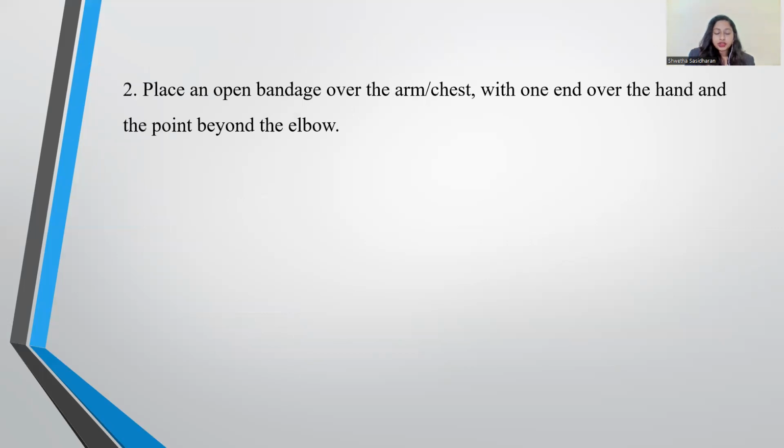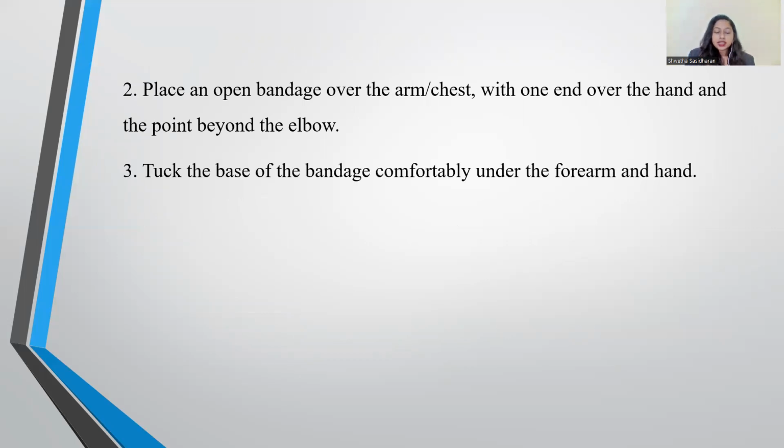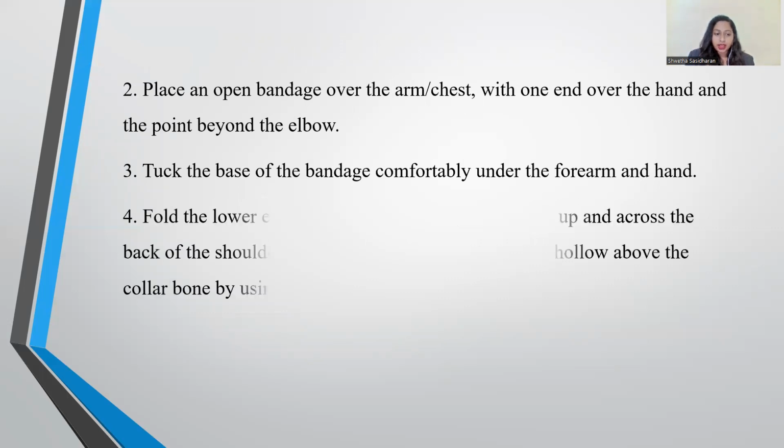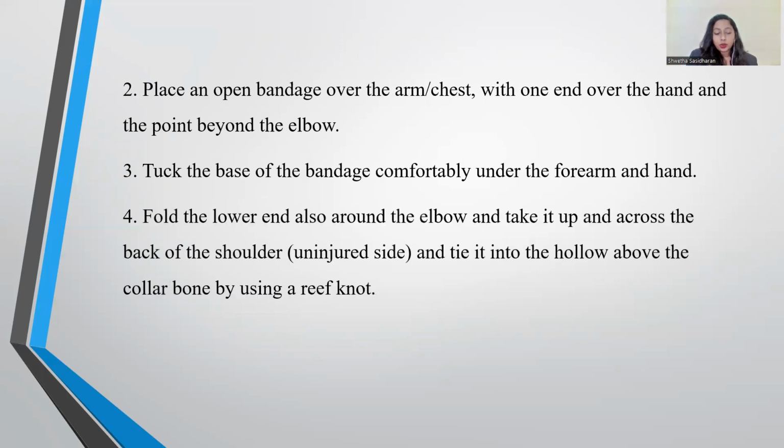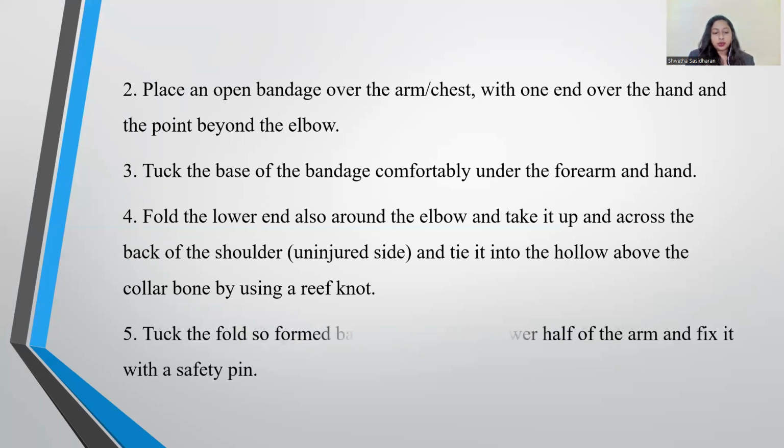Place the open bandage over the wrist or chest with one end over the hand and the point beyond the elbow. Tuck the base of the bandage comfortably under the forearm and hand. Fold the lower end also around the elbow, and take it up across the back of the shoulder on the uninjured side, and tie it into the hollow above the collarbone using a reef knot.